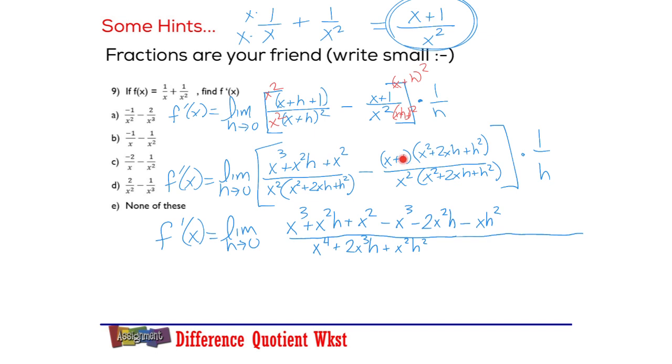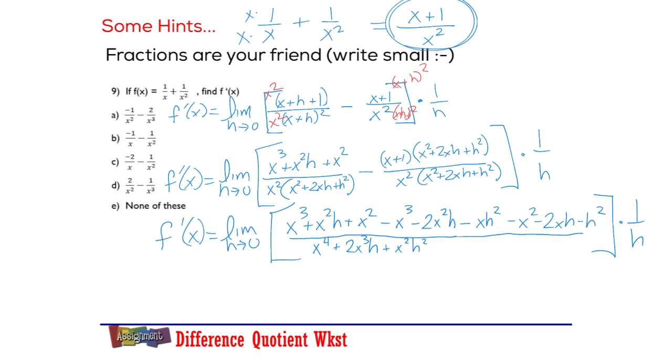Now I have to take this 1 and distribute it all the way through and make them all be negative. And the 1 over h is still out here.